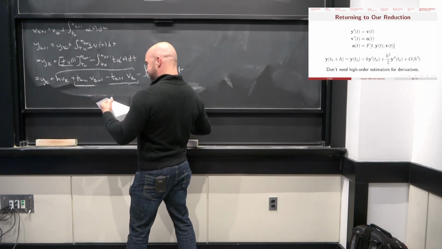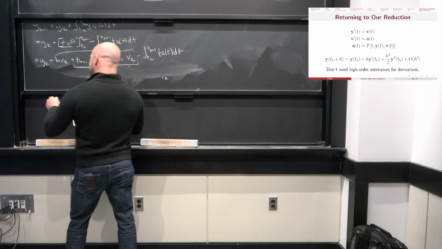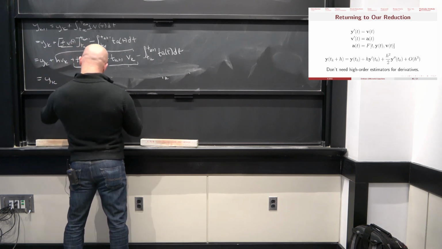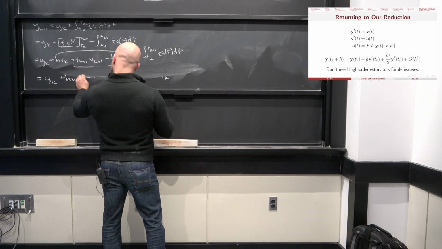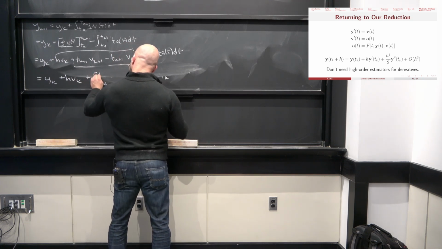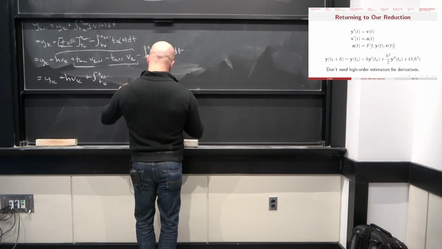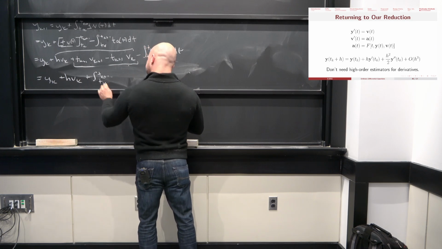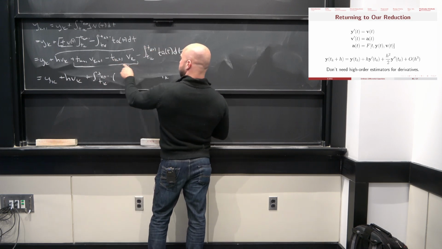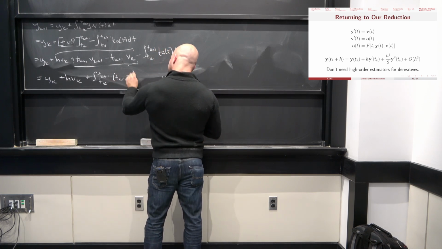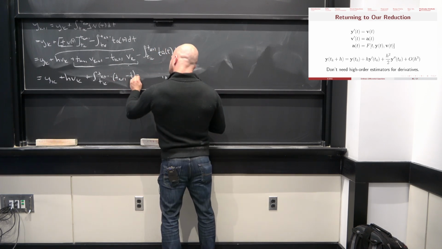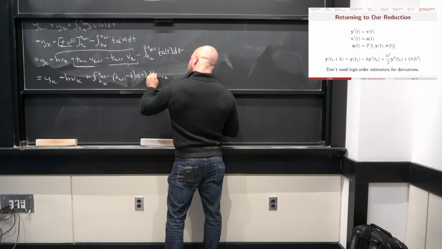Which is, this is equal to y_k plus h v_k plus the integral from t_k to t_{k+1} of, so notice we've got a t_{k+1} minus t here, like that, times a(t) dt. Okay?